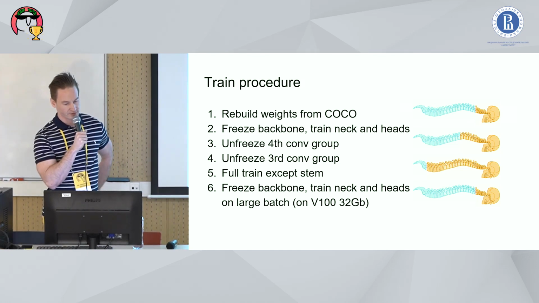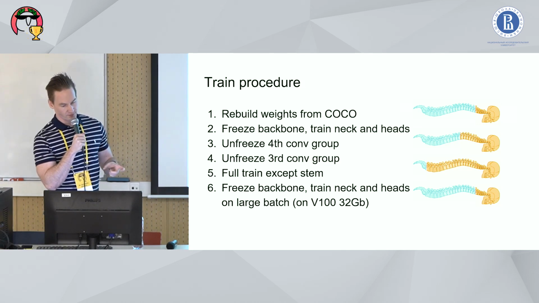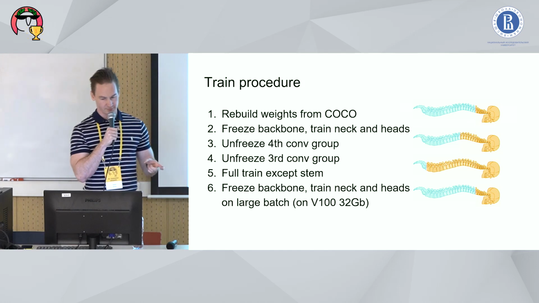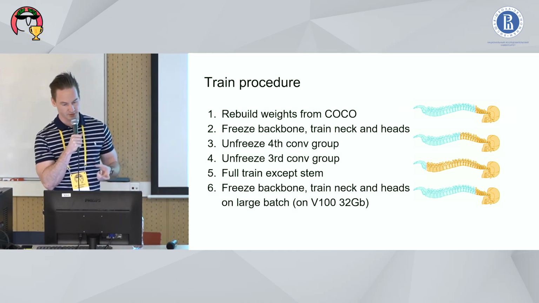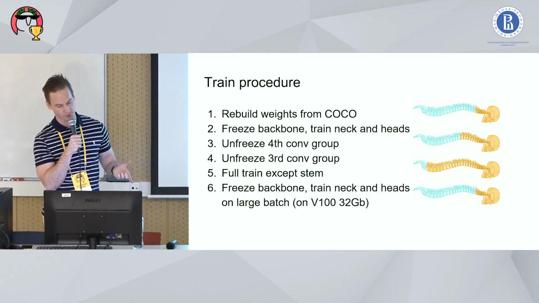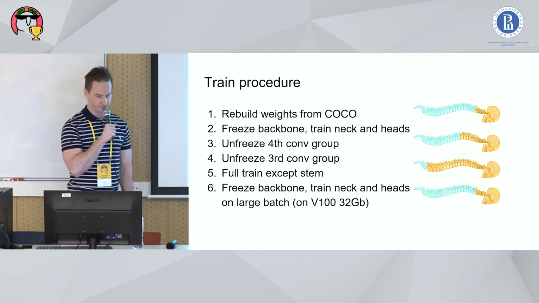Then I consecutively unfreeze some groups of convs from the backbone and train with the last group of convs unfrozen, and then the last two groups of convs. Then I unfreeze the full backbone except the stem.